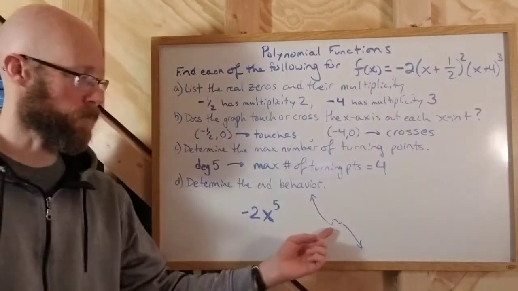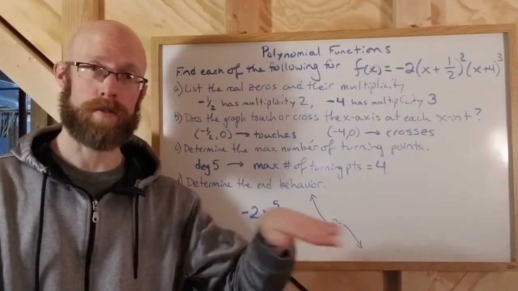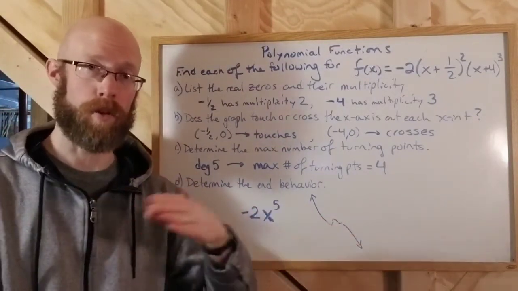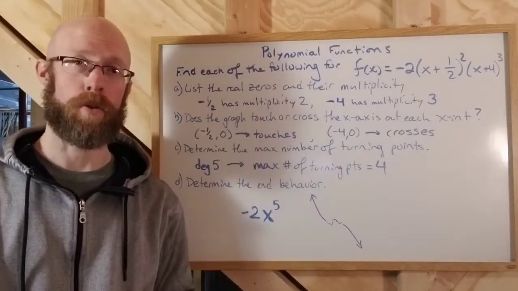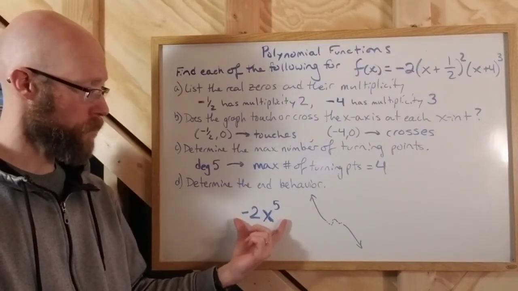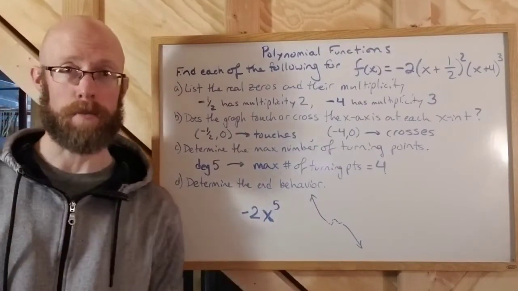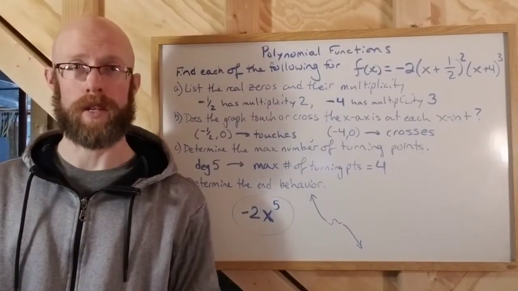We don't know exactly what's going on in the middle. The power function would have that smoothed out. You know, it wouldn't have a max or a min anywhere. It would just kind of level off for a point and then keep going. But negative 2x to the fifth is technically the end behavior. This is what we'd be looking for. It's the power function that represents the tails.